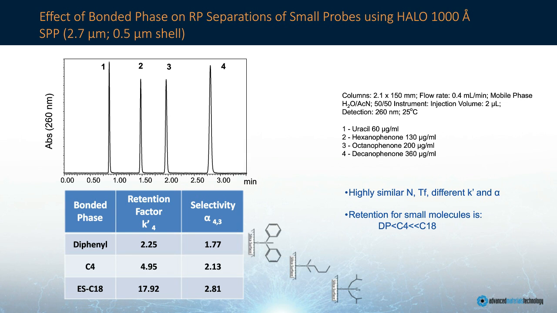In this table, we're looking at 3 different bonded phases that are offered on the 1,000 angstrom pore size material: diphenyl, C4, and the ESC18 bonded phases. And here are listed the retention factors for the separation of phenones and uracil.